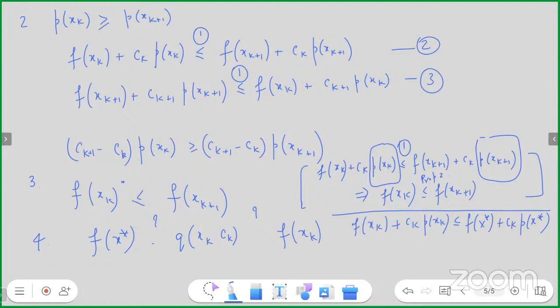In x star, we want the penalty to be higher than any. By definition, x star is feasible. P of any feasible point is 0. So this is at most f of x star. What is this quantity?